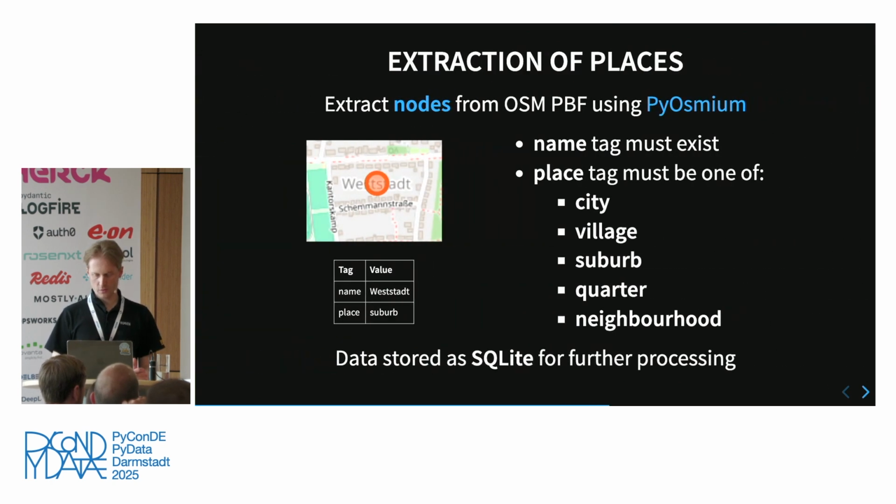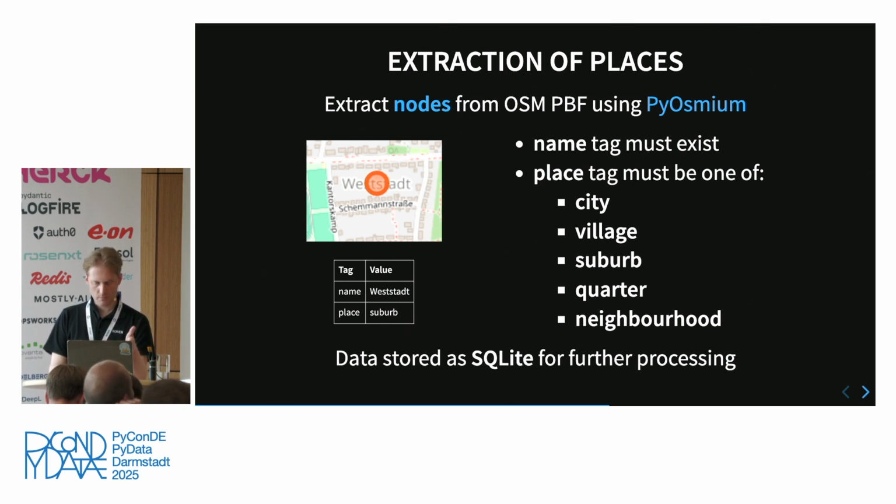Now let's return to the OpenStreetMap data to extract places. Here I used PyOsmium. If you would like to know a bit more about PyOsmium, maybe you've seen today the talk from Katie. Otherwise, I would recommend to review it.